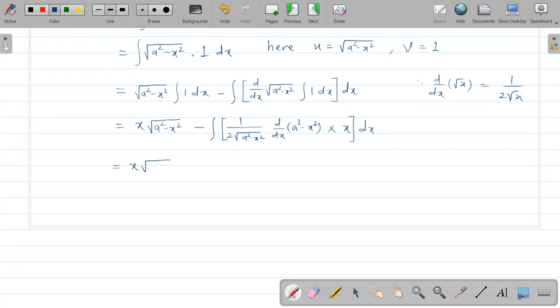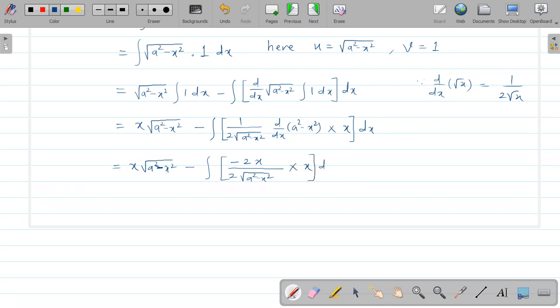Okay, then next step, x into root of a square minus x square as it is minus integration. Now in this bracket what will you get? Here derivative of a square minus x square, derivative of a square is 0 because it is constant. Minus derivative of x square is minus 2x. Okay, upon this is 2 into root of a square minus x square into this is x.